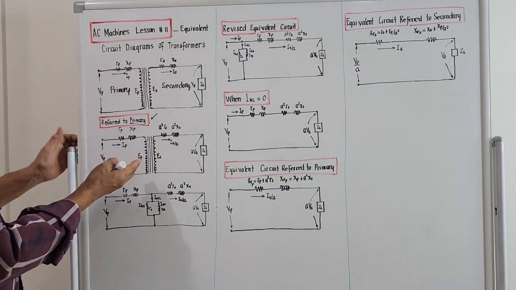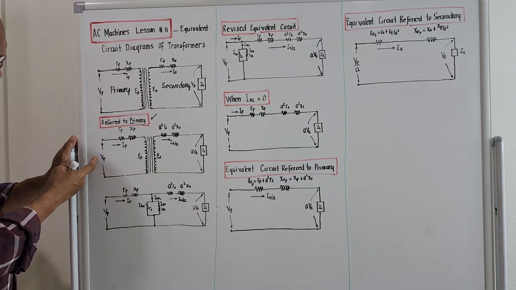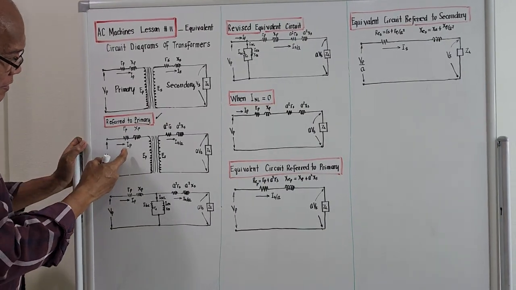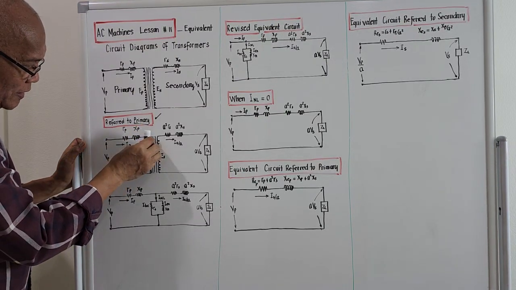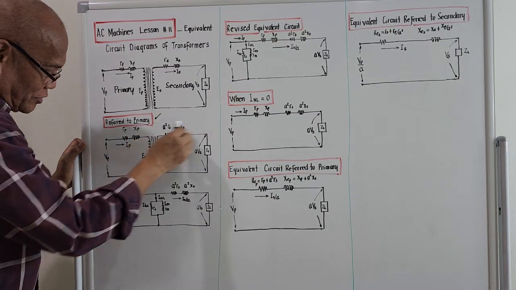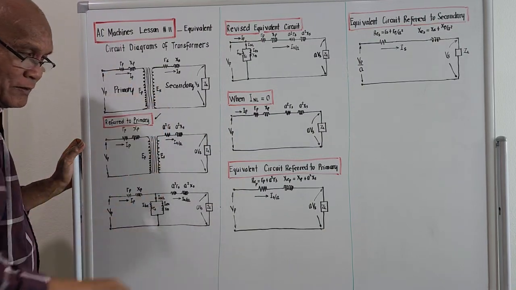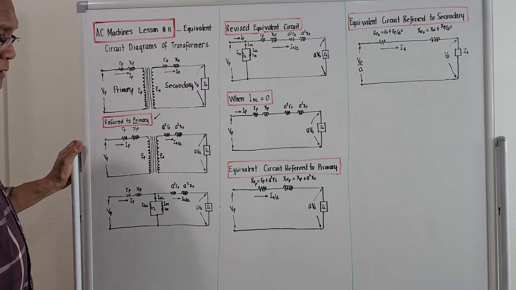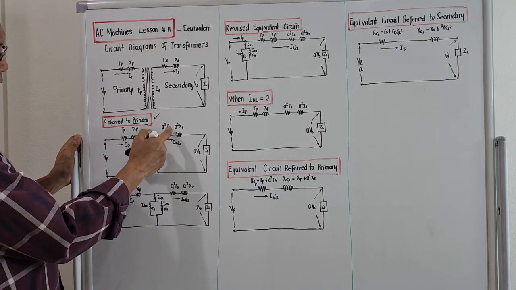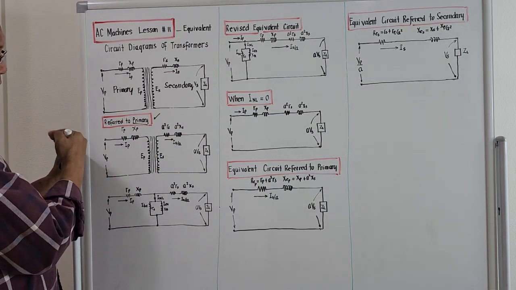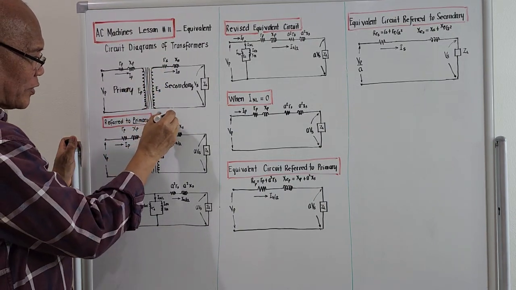We will transform the secondary parameters in terms of primary by using the ratio transformation. Right? So if we try to redraw the given circuit diagram, the primary side will still be the same. This is V_P. It's I_P, R_P, X_P, the induced voltage on the primary. We didn't touch anything on the primary. What we will do on the secondary, we will convert all these values referred to primary by using the transformation ratio. So if we try to compute the equivalent R_S referred to the primary, considering R_S, we must multiply this by a squared.